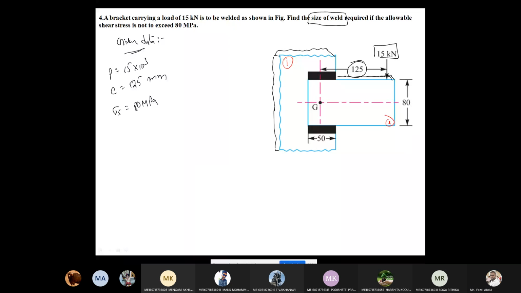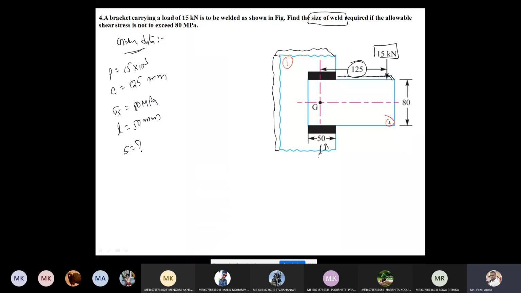Okay, and the length of the weld is given as 50 mm. Now we are asked to calculate the size of the weld.